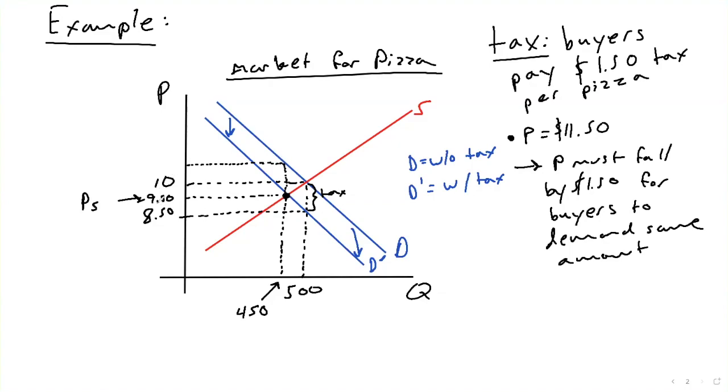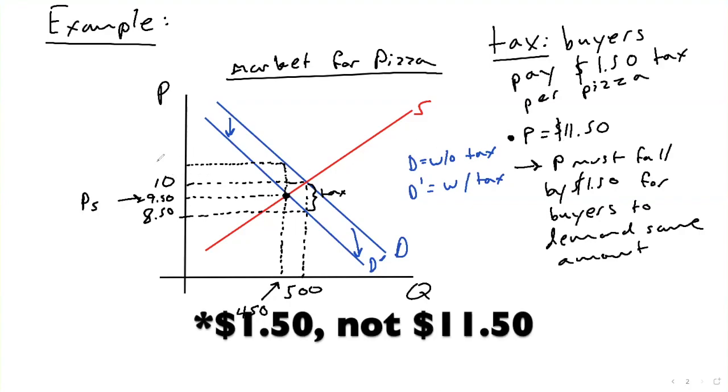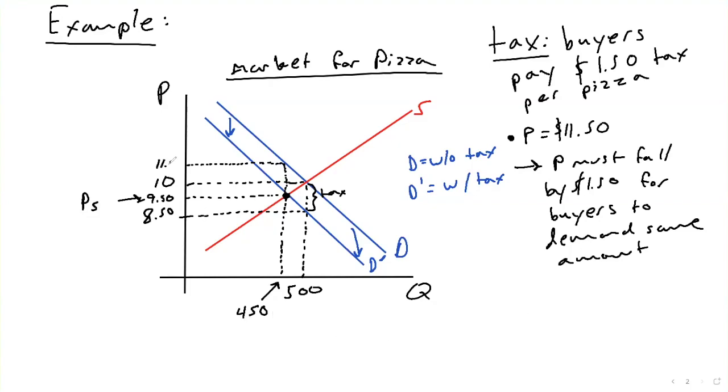And if the price the seller is receiving is $9.50 and the tax is $1.50, then the value the buyer pays is going to be $11. Right? So $11 is what the buyer pays for the pizza now. The seller receives $9.50 and the $1.50 difference gets collected as a tax.